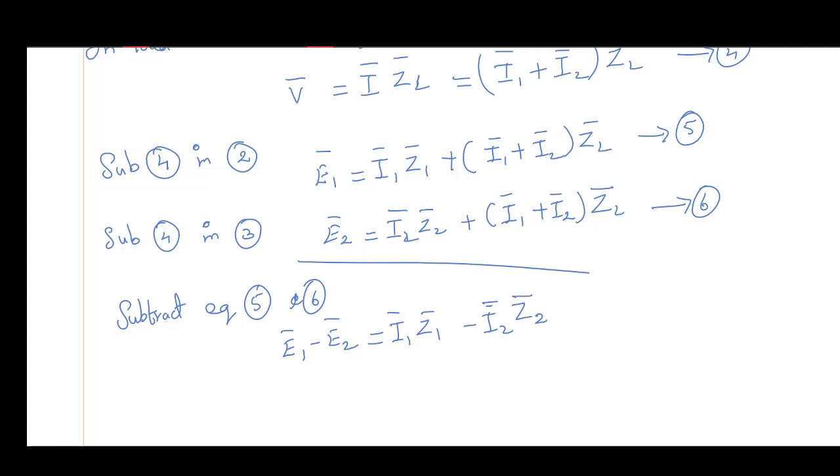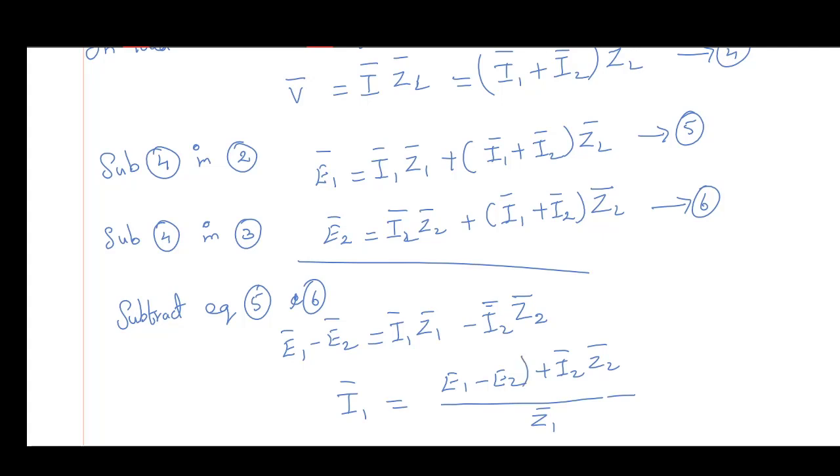From this equation you can find out I1. So I1 vector is equal to, you take it here, E1 vector minus E2 vector plus I2 vector Z2 vector divided by Z1 vector.